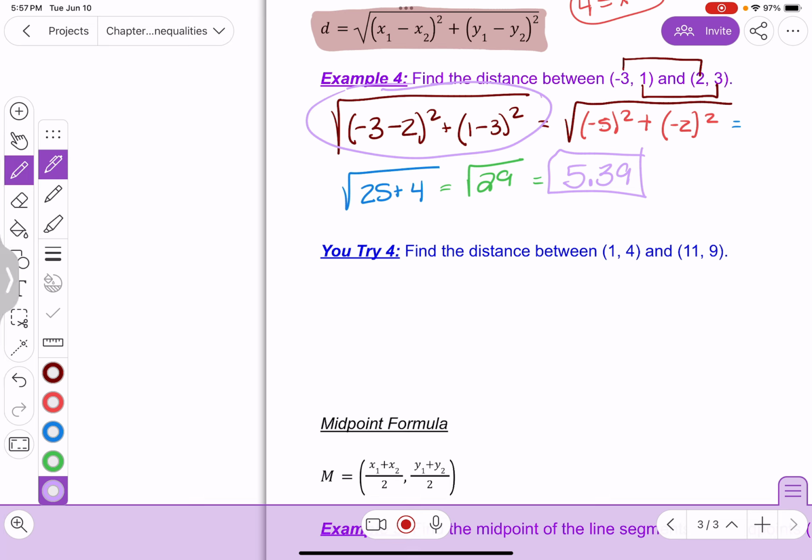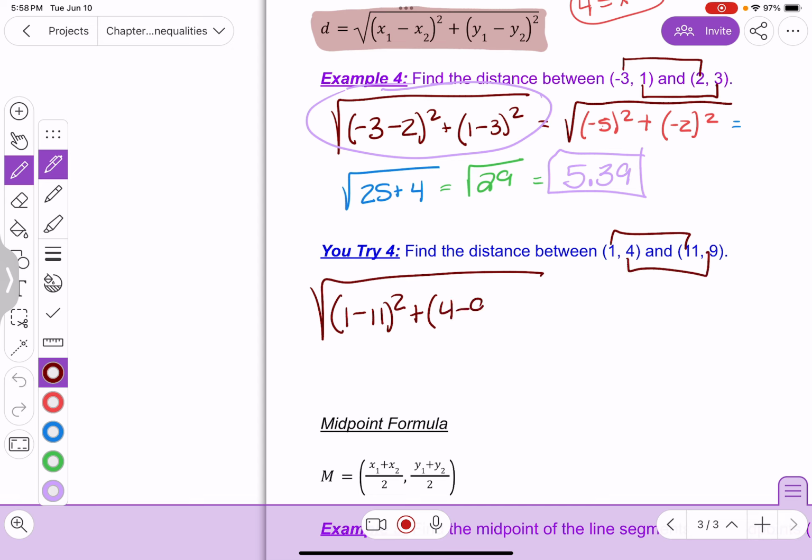All right. So we're going to do this one. 1 minus 11 squared plus 4 minus 9 squared. All right. 1 minus 11 is negative 10. 4 minus 9 is negative 5. Negative 10 squared is 100.